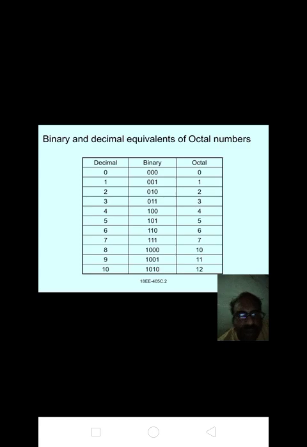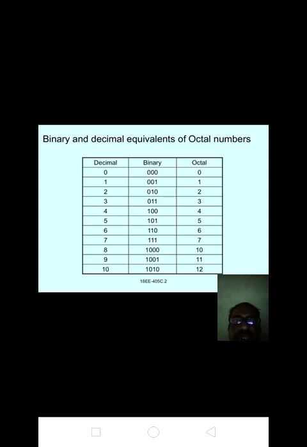Binary values: 000 is 0, 001 is 1, 010 is 2, 011 is 3, 100 is 4, 101 is 5, 110 is 6, 111 is 7, 1000 is 10, 1001 is 11, 1010 is 12. The octal values are 0, 1, 2, 3, 4, 5, 6, 7, 10, 11, 12.